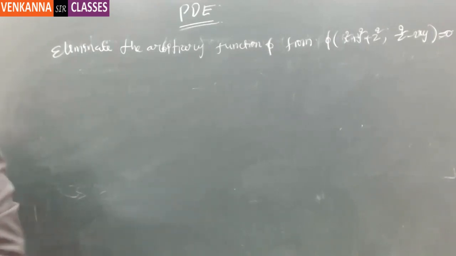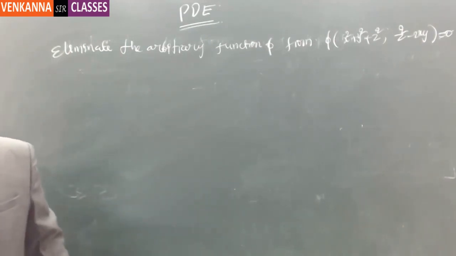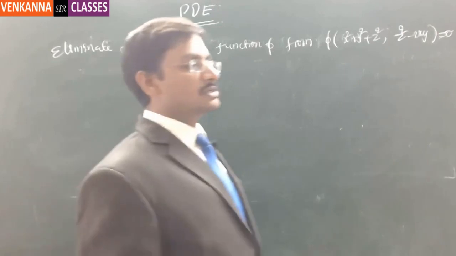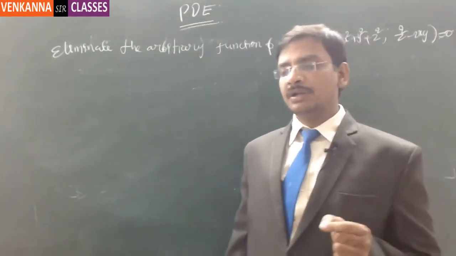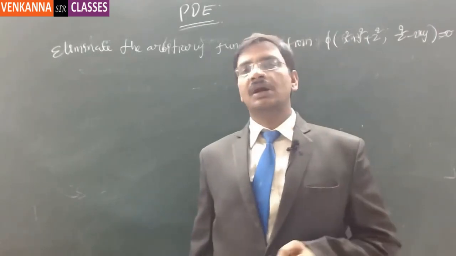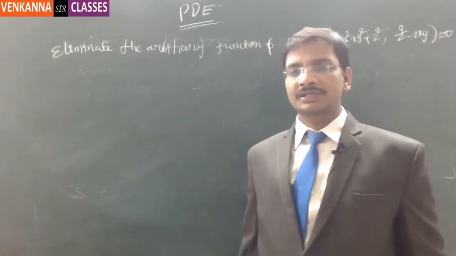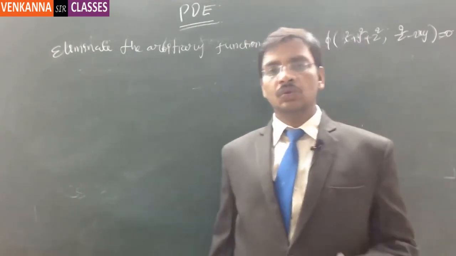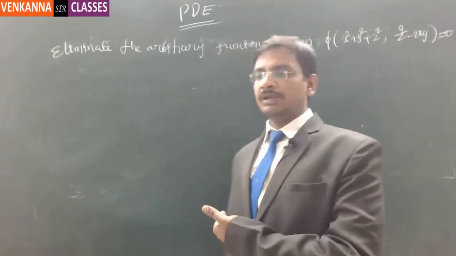So that's what I told you, right? In case of ordinary differential equations, the number of arbitrary constants is exactly equal to the order of the differential equation. But in case of PDE, that is a little bit different. There are two independent variables. Suppose z is a function of x comma y. I explained in the previous problem.